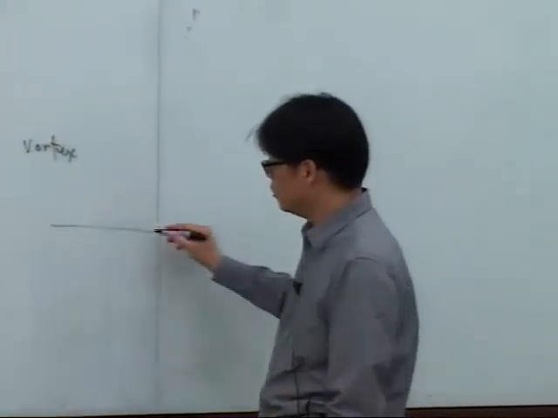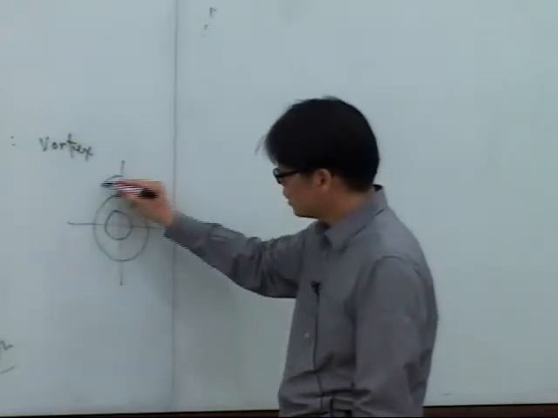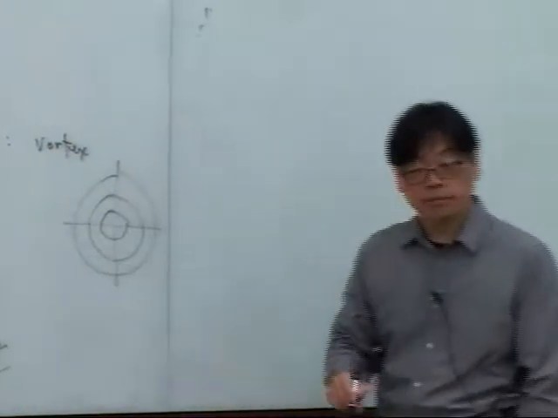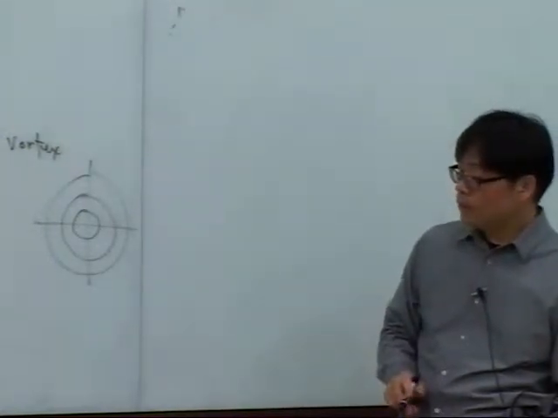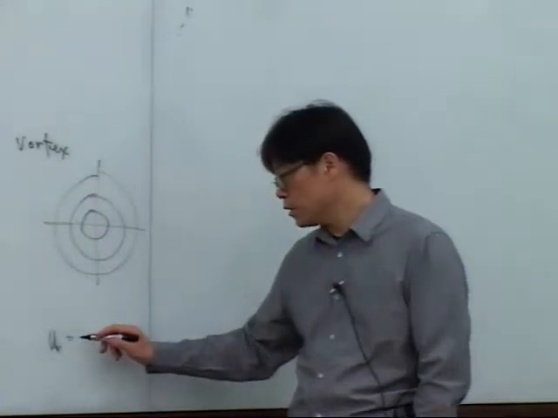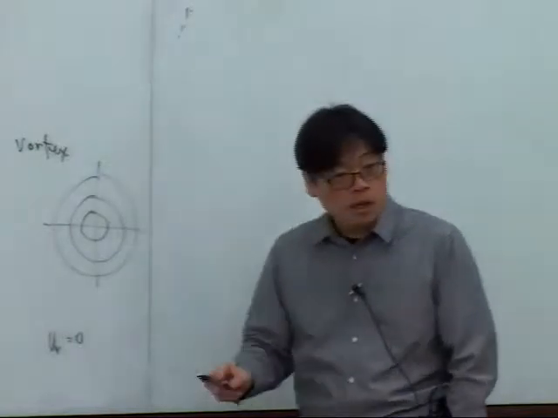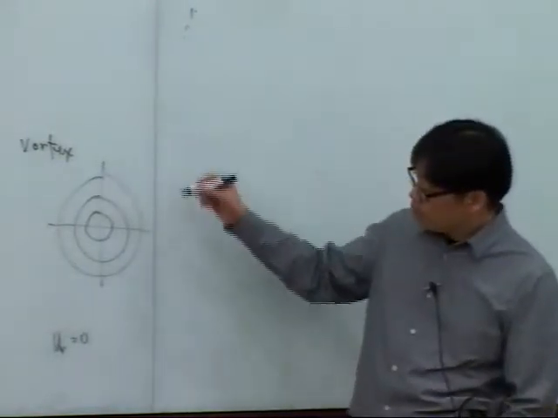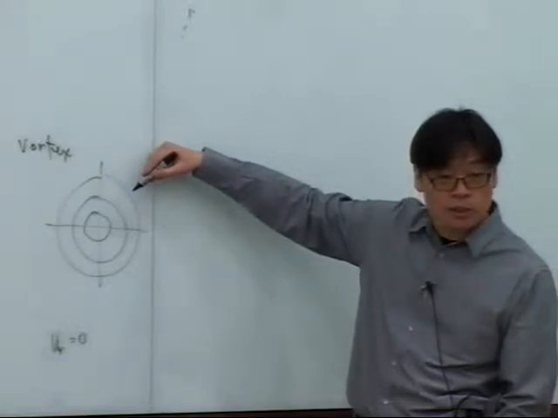So I can draw concentric circles. These are all streamlines. But for flow direction, this time U_R is 0 because everything is rotating. The fluid velocity vector has to be tangent to the streamlines.